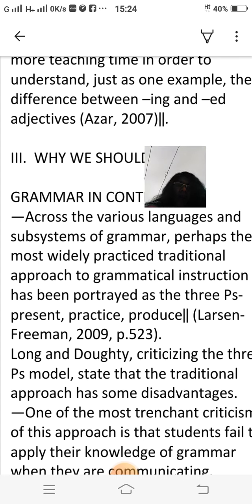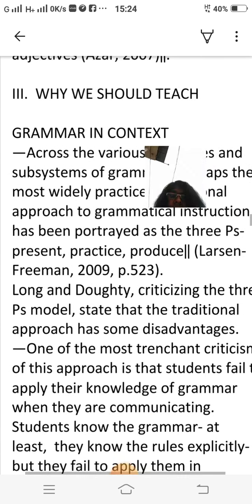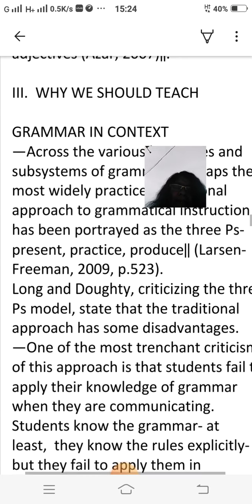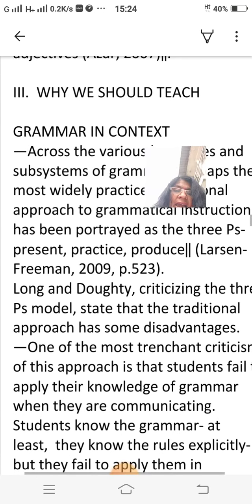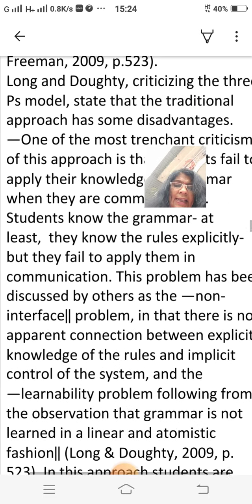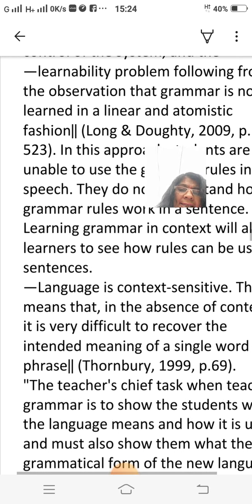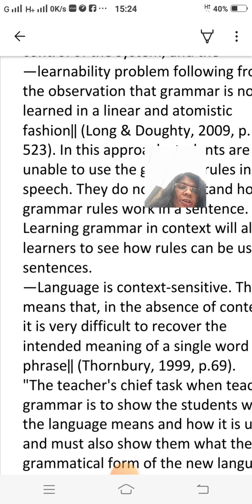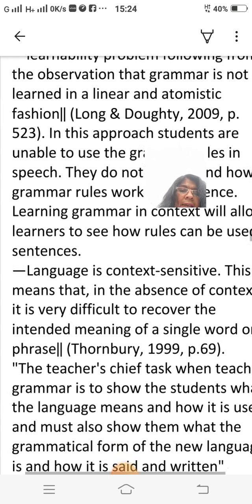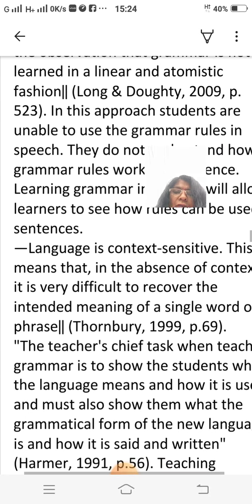Long and Doughty, criticizing the three-phase model, state that the traditional approach has some disadvantages. Language is context sensitive. This means that in the absence of context, it is very difficult to recover the intended meaning of a single word or phrase.